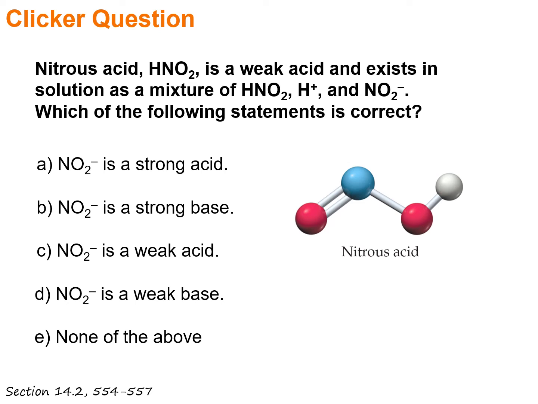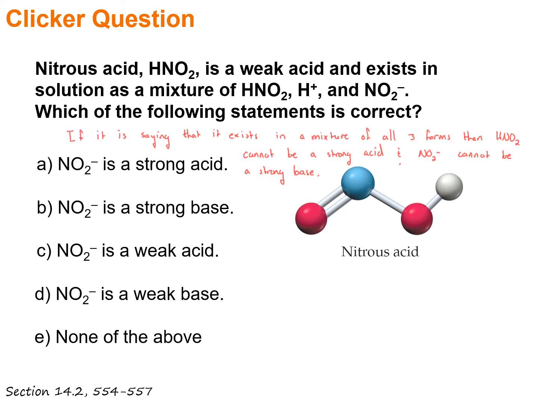And if it's a weak acid, we don't expect it to give rise to a strong base either in this case. And there's additional evidence in that, because we said in this mixture it has all three present, right? If it was a strong base, we should expect that it's picked up all the H's to create a bunch of hydroxide. And if all of them are present, that can't be the case.